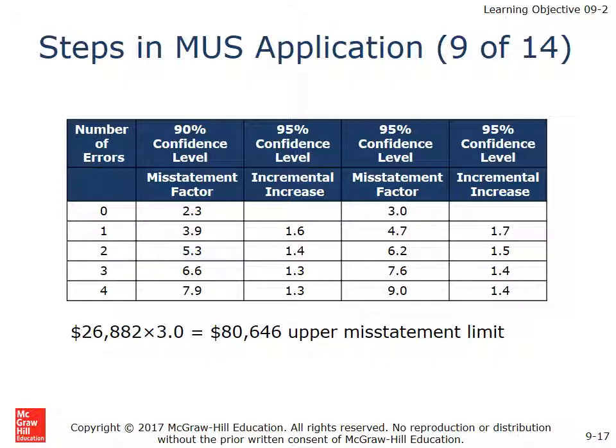If we want a 95% confidence level, which is the case here, with 0 errors found during our sampling, we multiply that factor by the sampling interval, and that's our upper misstatement limit, which would be 80,646.